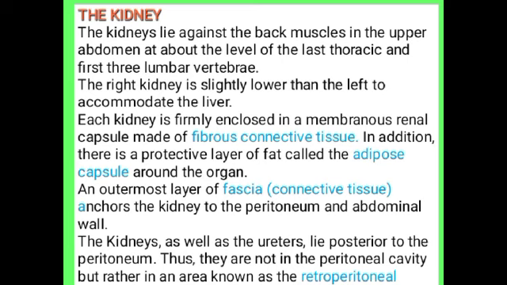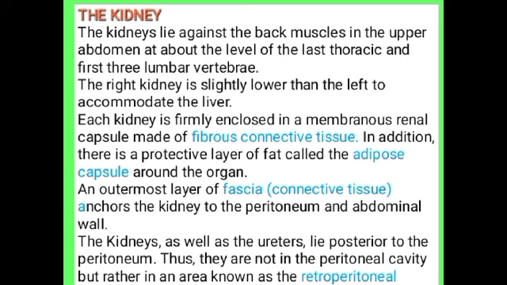Each kidney is firmly enclosed in the membranous renal capsule, which is made up of fibrous connective tissue, and also has a protective layer of adipose capsule. The outermost layer of the kidney is the fascia, made of connective tissue, which anchors the kidney to the peritoneum and also the abdominal wall so as to maintain its integrity and secure its position.